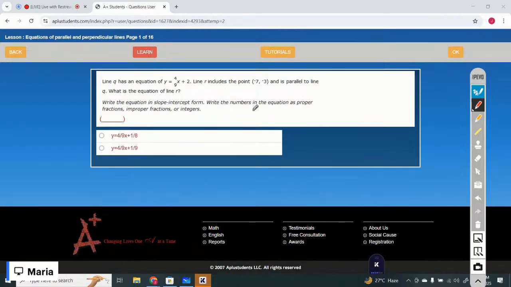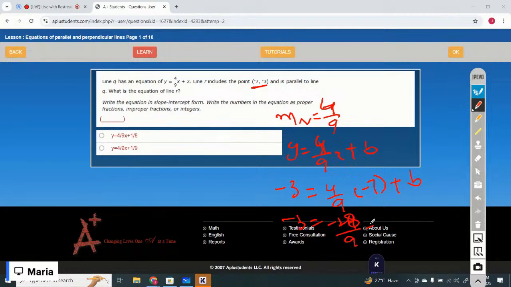So the lines are parallel, so the slopes must be the same. So line R has the slope 4 over 9. So y equals 4 over 9x plus b. Now I'm using this point to calculate b. Y is -3 equals 4 over 9 times -7 plus b, so -3 equals -28 over 9 plus b.